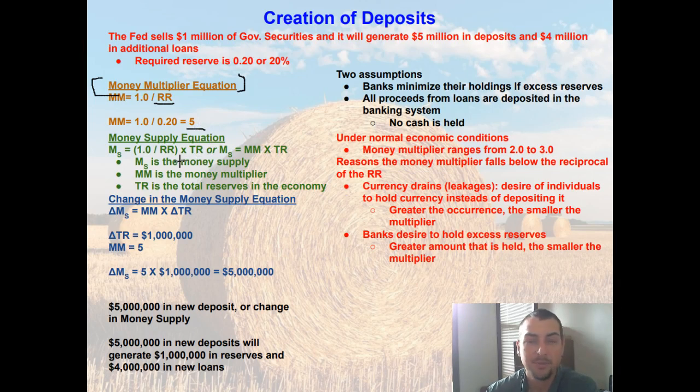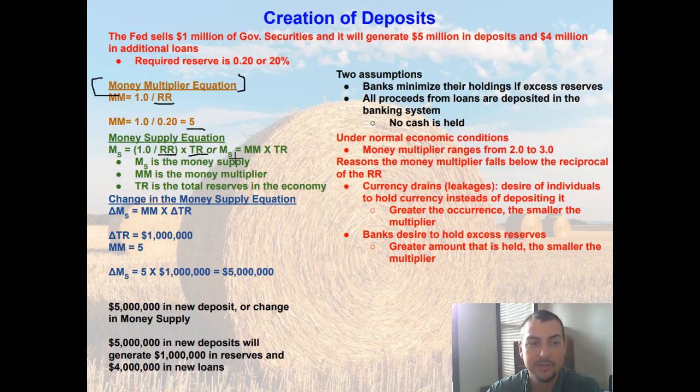Then we have the money supply equation. Remember we said that there is a direct correlation between the money supply, the required reserve ratio, and the amount of excess reserves. So the money supply is equal to 1 divided by the required reserve ratio times the total reserves.